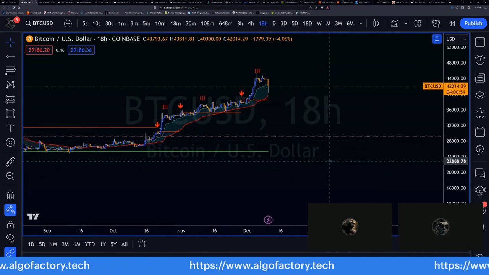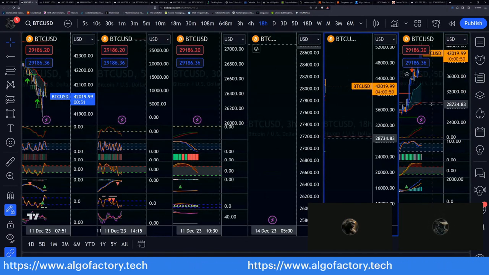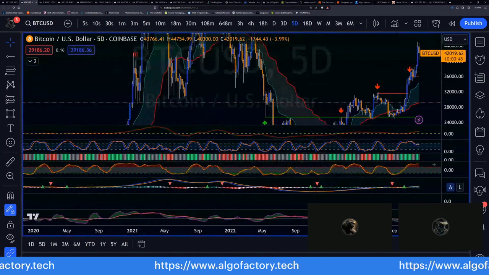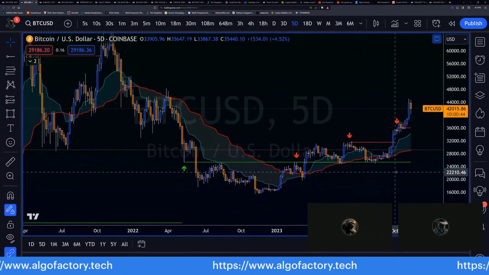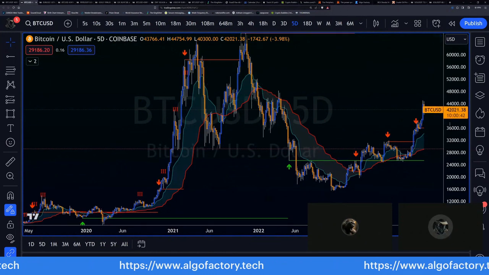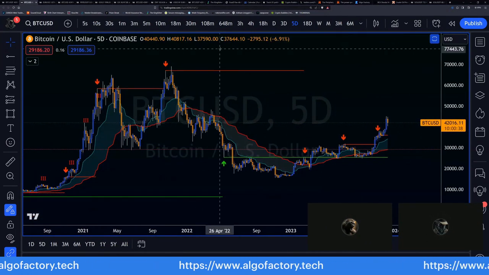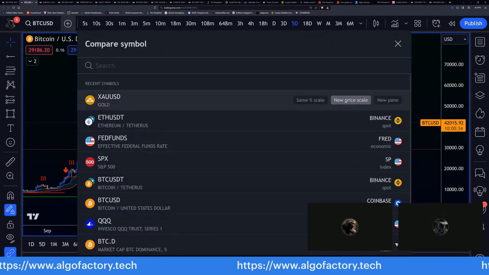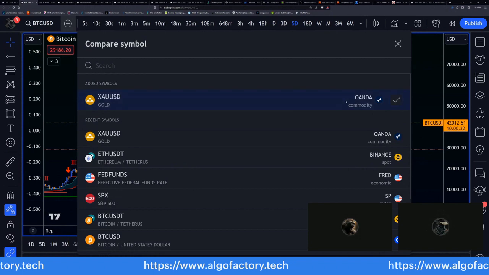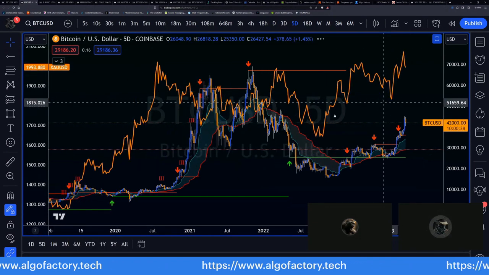But anyway, let's take a look at Bitcoin and gold on, like, say, the weekly. So I want to see what that correlation looks like on a high time frame, because Bitcoin moves exponentially, right? Yeah, so you look at this.